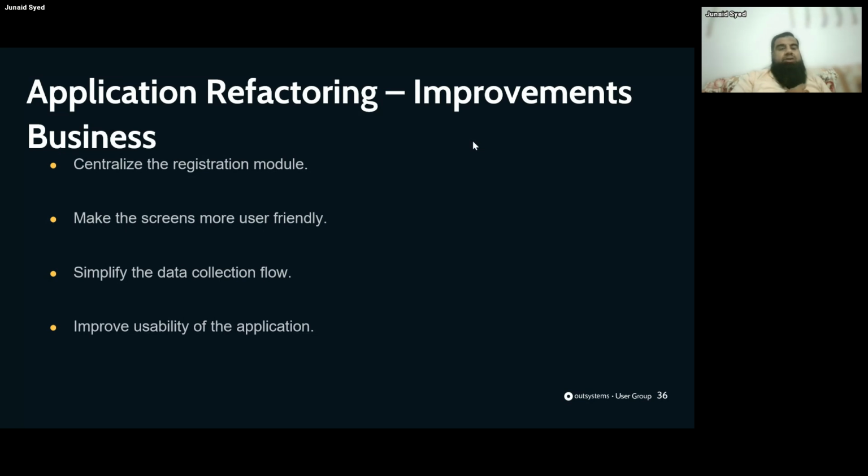So there were challenges in usability, and we wanted to fix that. Obviously that would simplify the data collection and improve the usability of the application. So all these improvements we wanted to make in our application, and this was also needed to justify the work to our business.